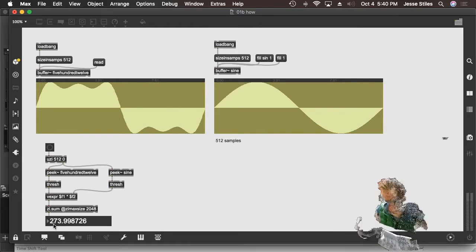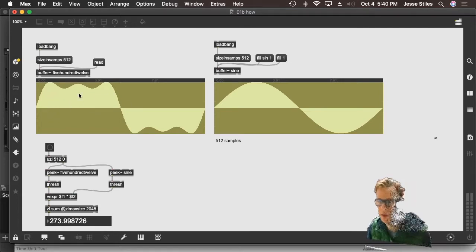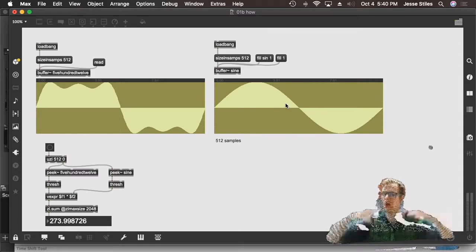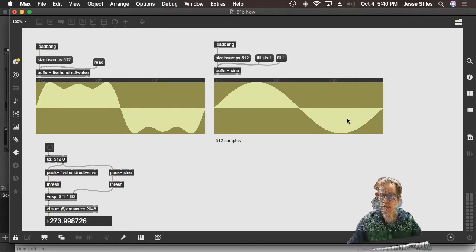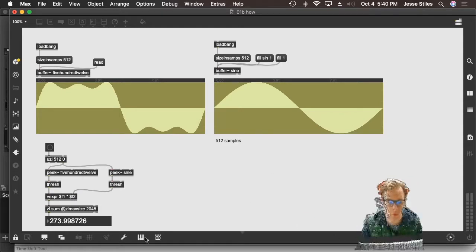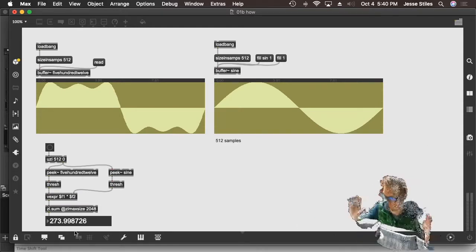So the product is some kind of measurement of the correlation, and that comes because here we're multiplying all these positive numbers by all these positive numbers. So that gives us a lot of large numbers. Here we're multiplying all these negative numbers by all these negative numbers. And that gives us more positive numbers because minus times minus equals positive. And then we sum it all together and we get this big value. That tells us there's some correlation here.